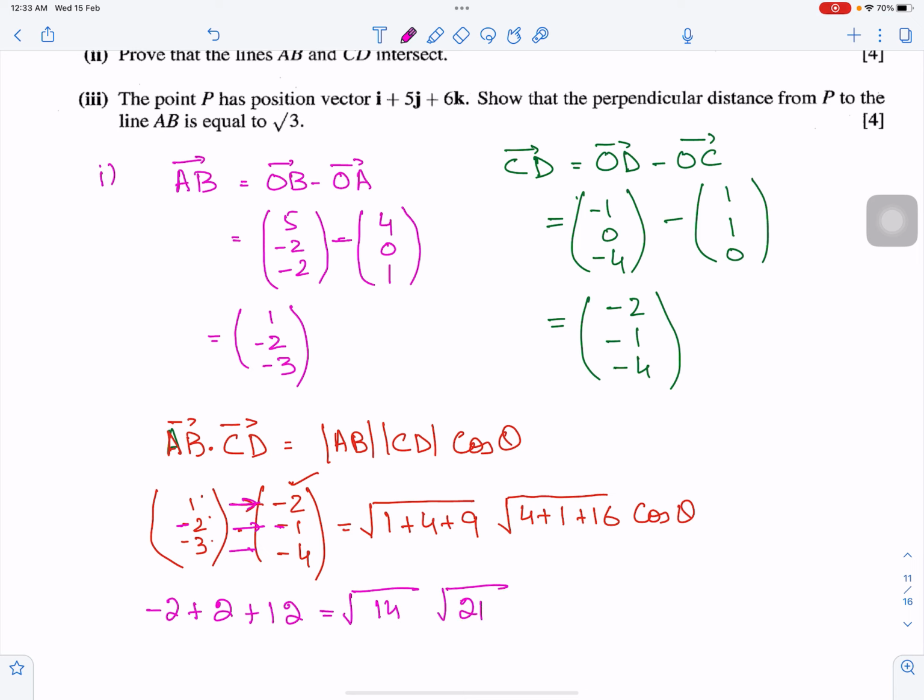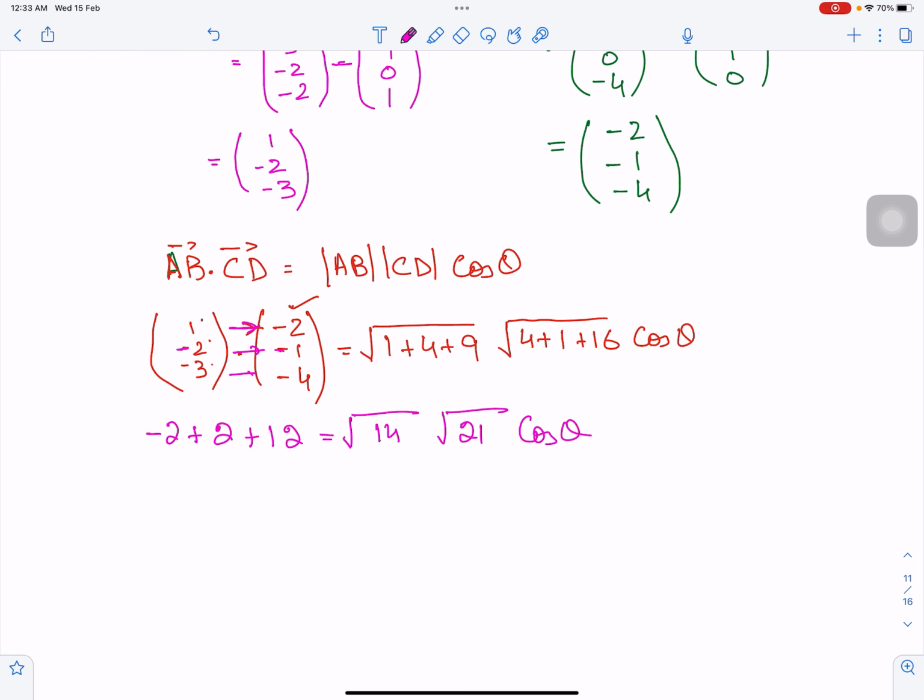and 21. So let's take the calculator and calculate it quickly. It is 12 divided by, I'm multiplying 14 by 21. 14 times 21 is 294. And then I will take cos inverse to calculate the angle.